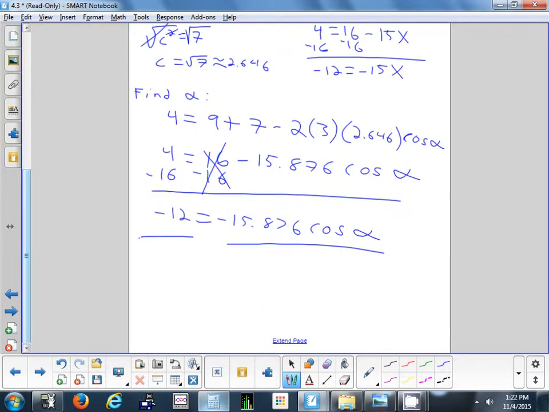This is usually where most of the mistakes come from, right here. When I divide, the negatives cancel out. For now, don't worry about this decimal. Don't round this off. Don't even type it in until you're done.